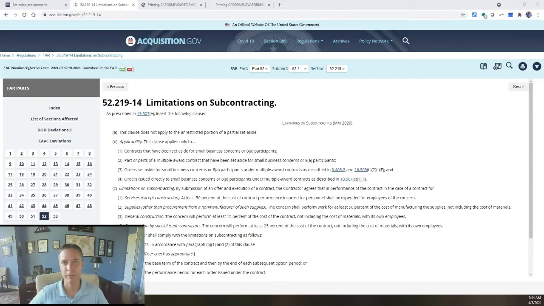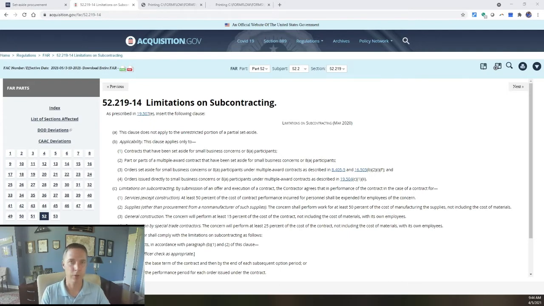Today we're going to be talking about the federal acquisition regulations definition of limitations on subcontracting. What does that mean? If you are a small business that has been awarded a small business contract, then this applies to you.